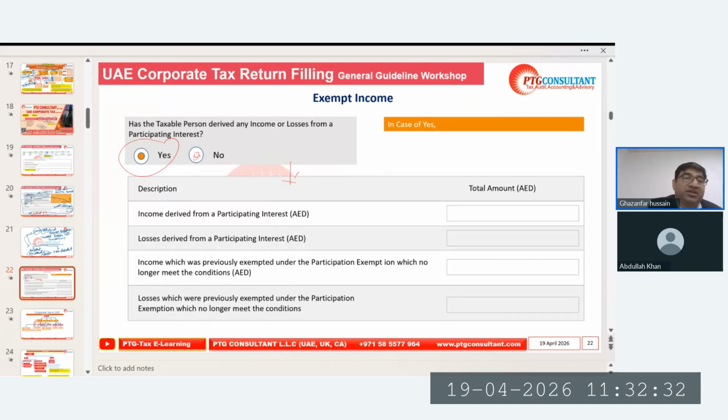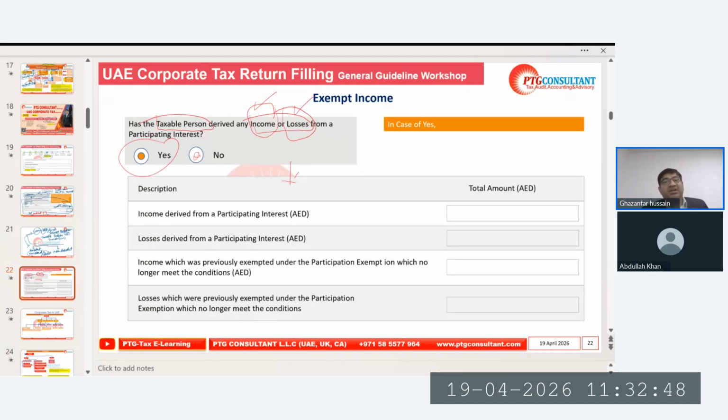Okay, so here, if we're looking at the taxable person's derived income or losses, another important part is that they ask for income and losses separately.